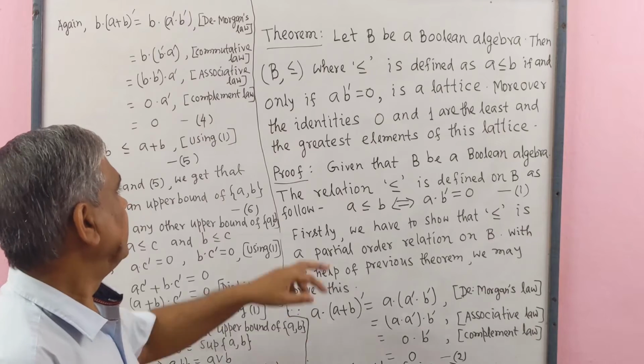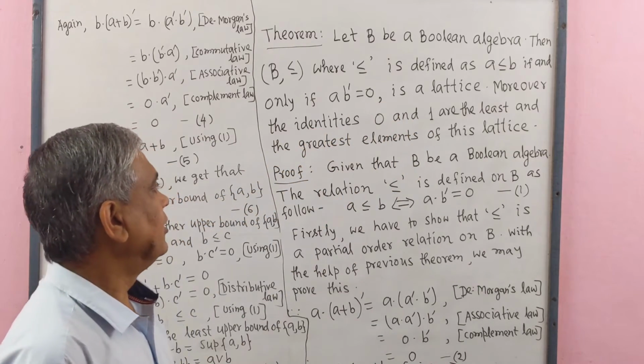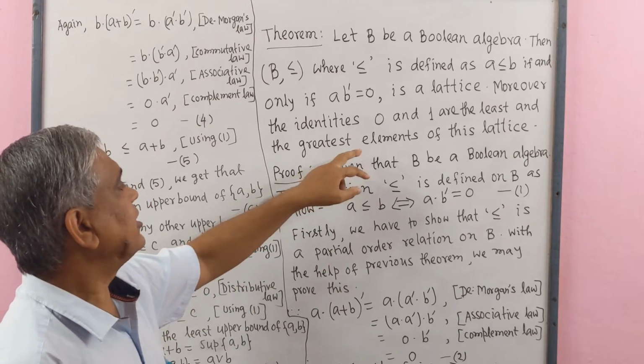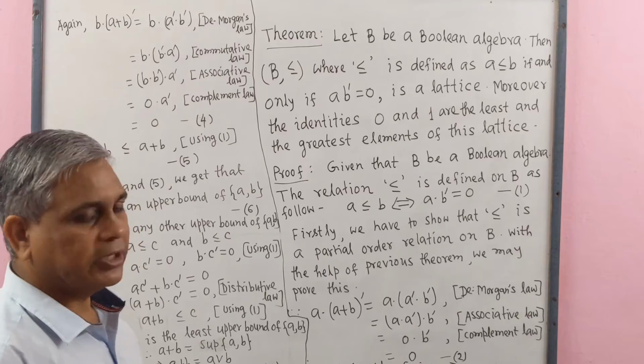Moreover, the identities 0 and 1 are least and greatest elements of this lattice. Now we shall prove this.